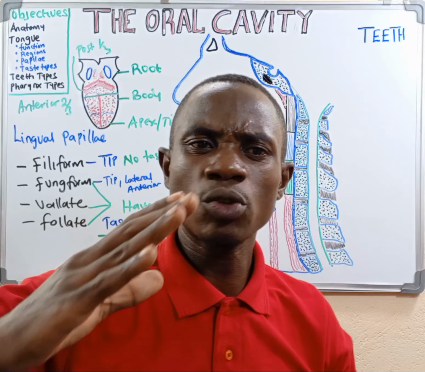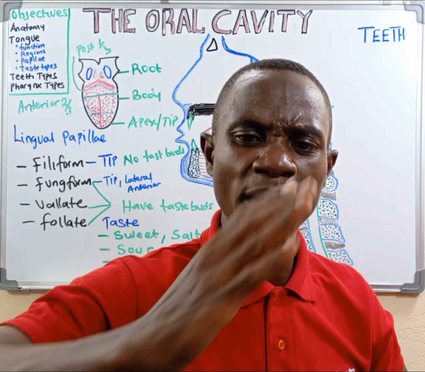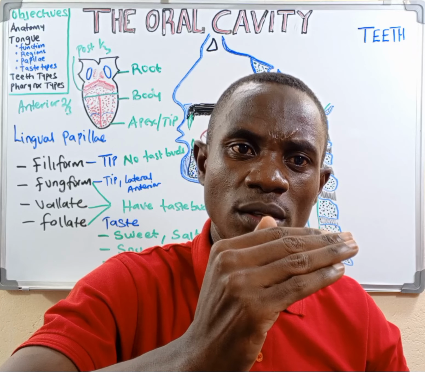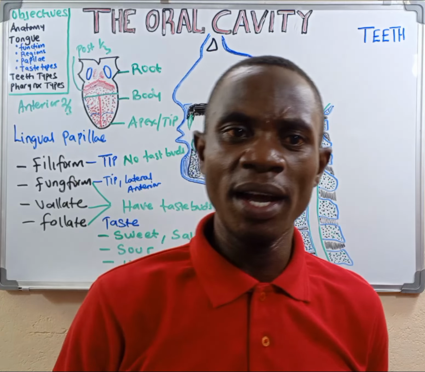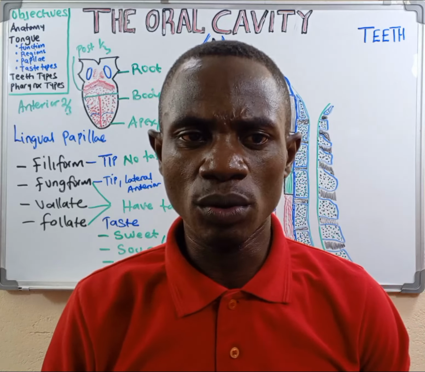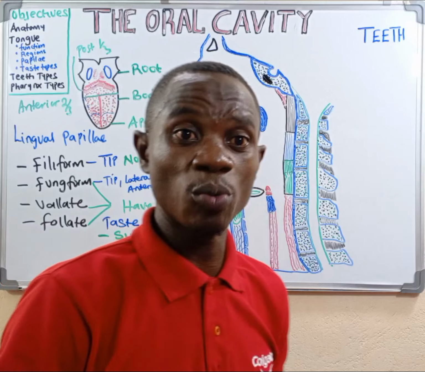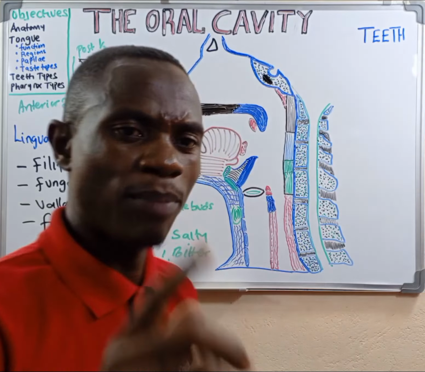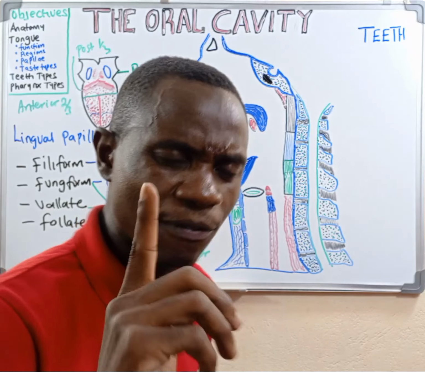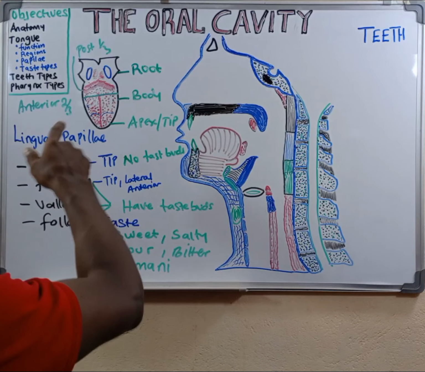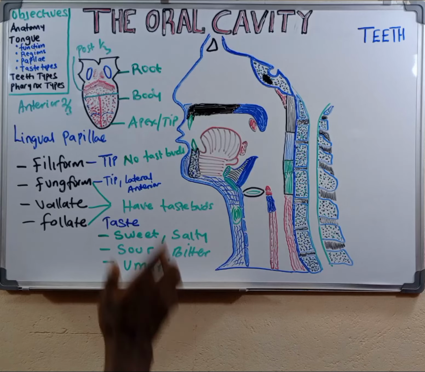The tongue has to assume a certain shape, making a kind of trough, so that the bolus which is formed is pushed to the back in the oral phase of swallowing. The tongue does a very important role in the process of swallowing. It is another beautiful thing that you need to know.